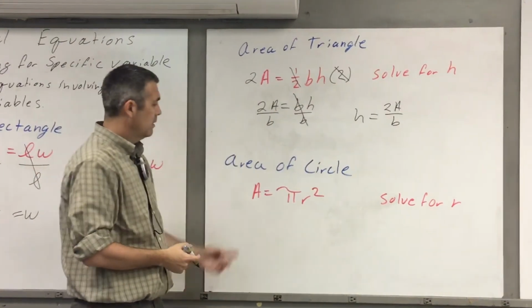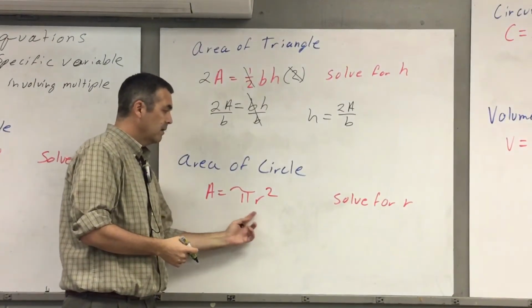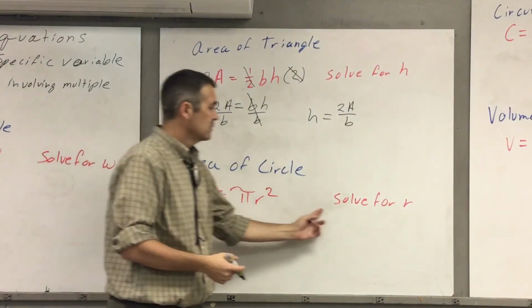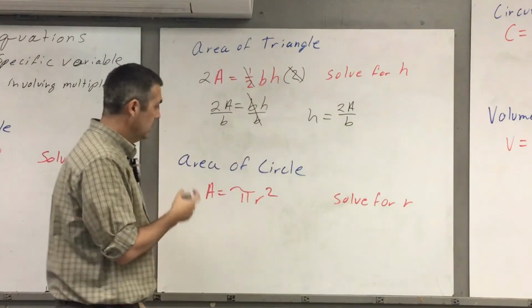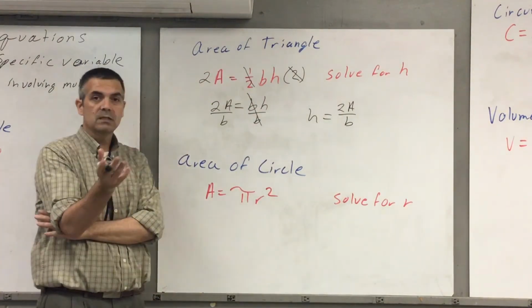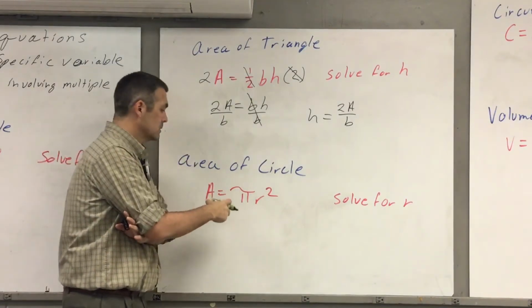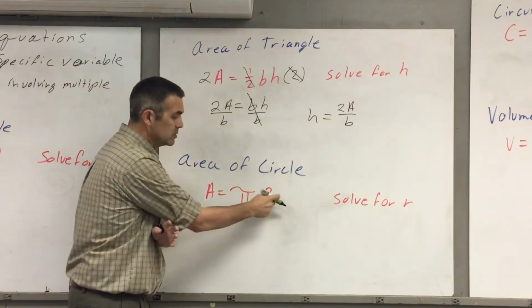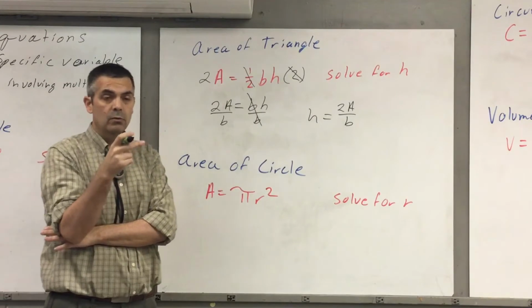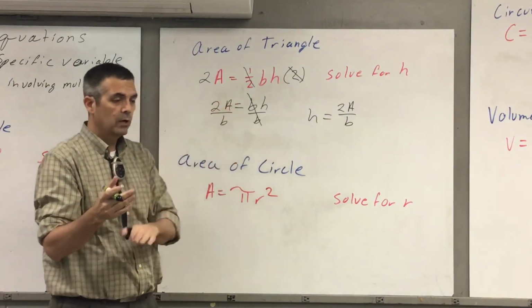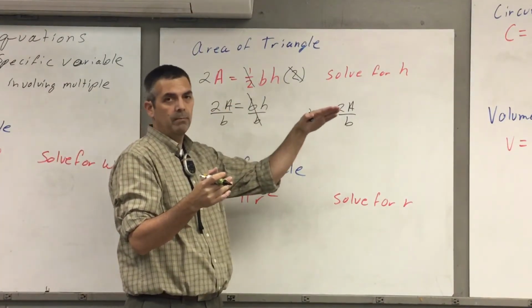Area of a circle: area equals pi r squared, solve for r. Well, it's the same thing. Undo the order of operations. Notice, this is pi r squared. When you undo the order of operations, you've got to work backwards through them.